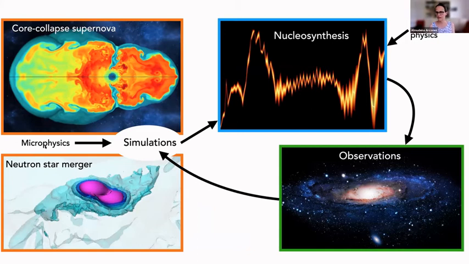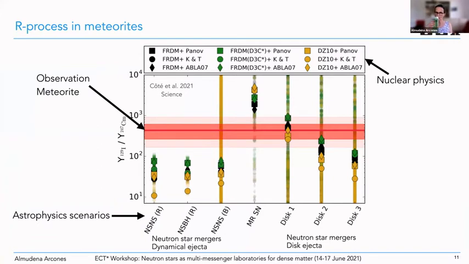So let me show you a few more examples. This is a paper that appeared in Science at the beginning of this year, also from Benoit Cote with Maria Lugaro, and the calculations here are from Marius Eichler, and there was a very big and very nice collaboration, with a lot of nice discussions.